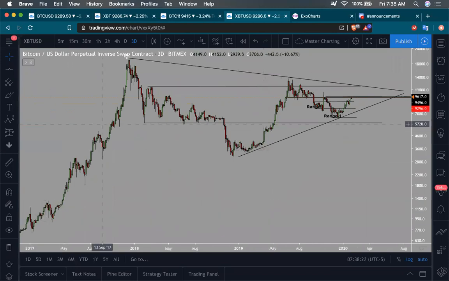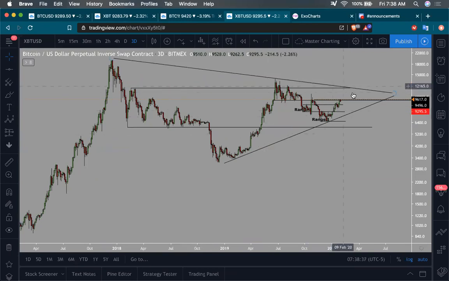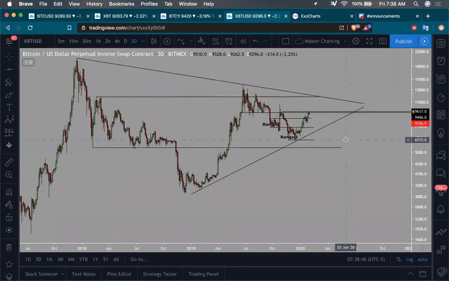All right, there's a big flag right here. This is a flag pole, and I personally think that this is a pennant. And if this is a bull pennant, at some point, maybe mid to late 2020, we should consider breaking out of this pennant to the upside. Now, if we break to the downside, then the cycle lows from 2019 are in peril.